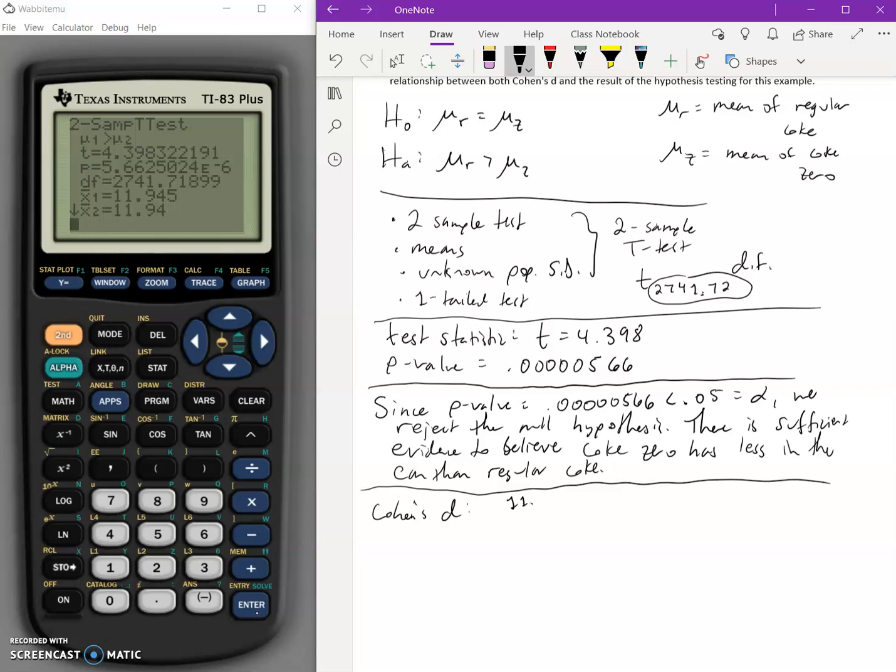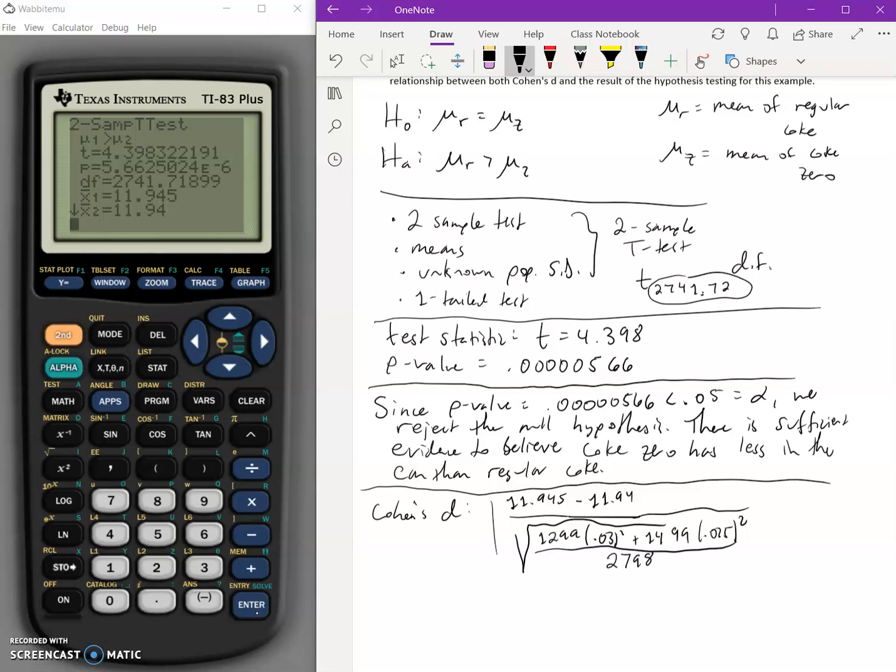So we have 11.945 minus 11.94, divided by the square root of 1299 times 0.03 squared plus 1499 times 0.035 squared, all of this divided by 2,798.